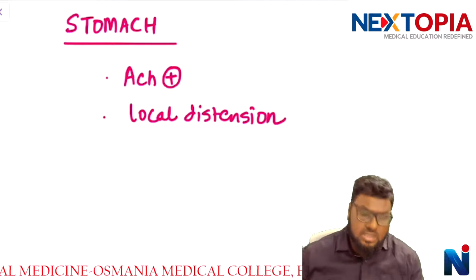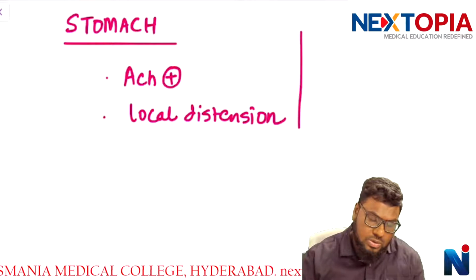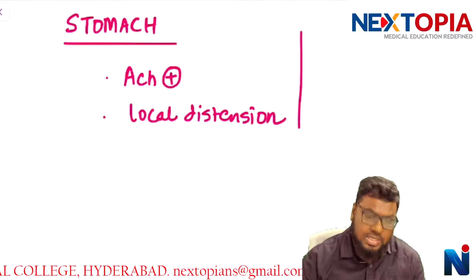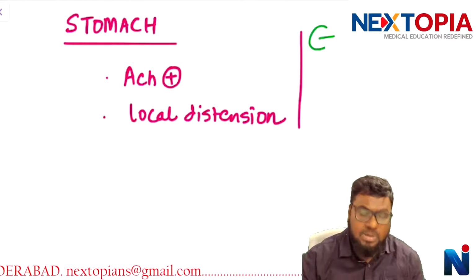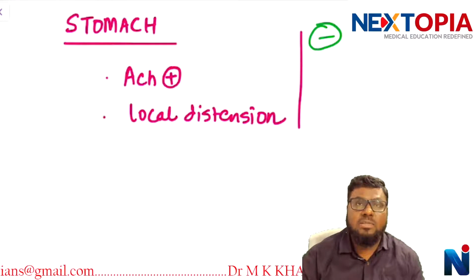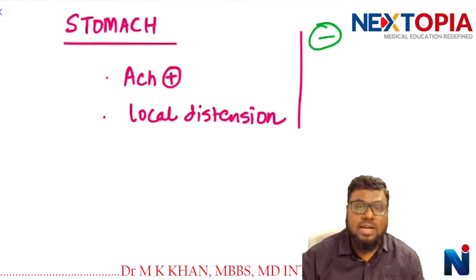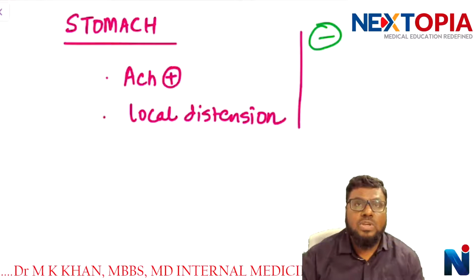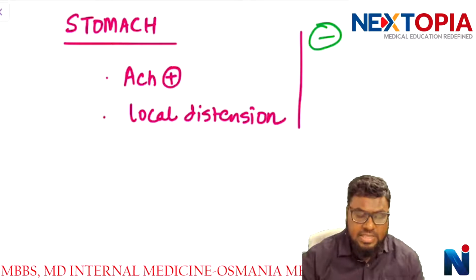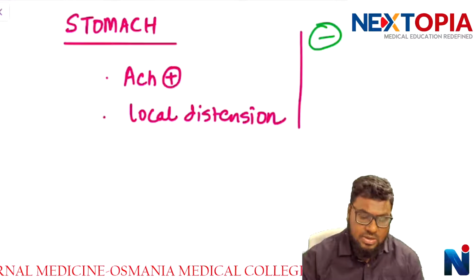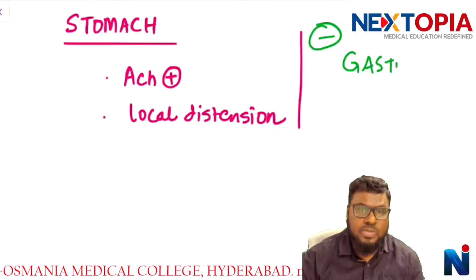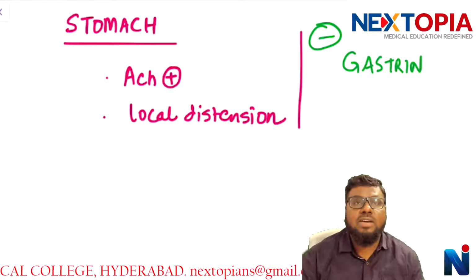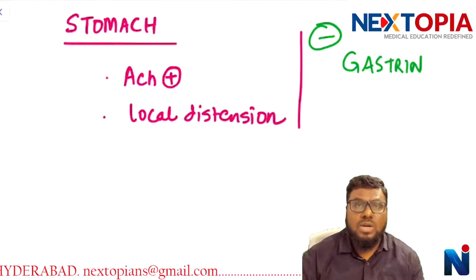What inhibits the stomach distension? What inhibits the stomach distension is inhibition of stomach motility. What inhibits the stomach is, you all know, the release of gastrin. So presence of acid in the stomach releases gastrin, is it not? This gastrin takes feedback from the duodenum.